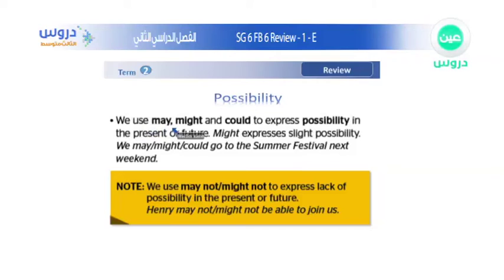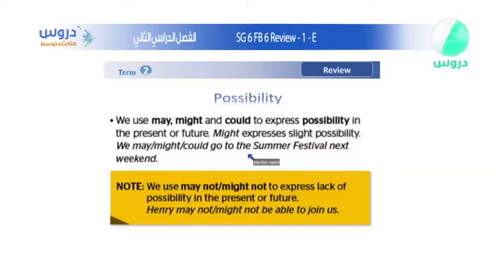We use may, might, and could to express possibility in the present or future. So, present or future. May, might, and could for possibility. You know possibility. Like, if you are able to do something, you can do something.